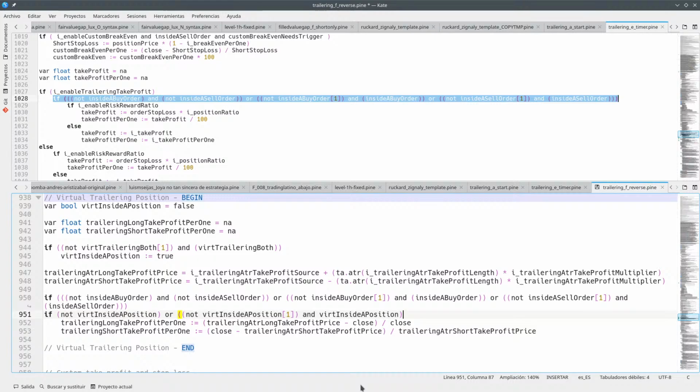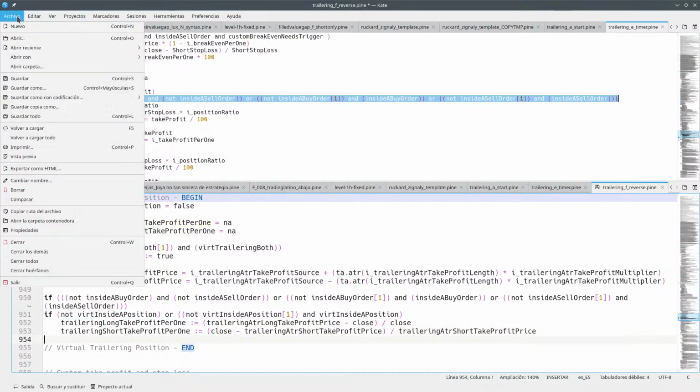Okay, so if you are not in a position or you are about to get into position, then you want to calculate this take profit per one for long and for short, okay? Otherwise you don't calculate it.